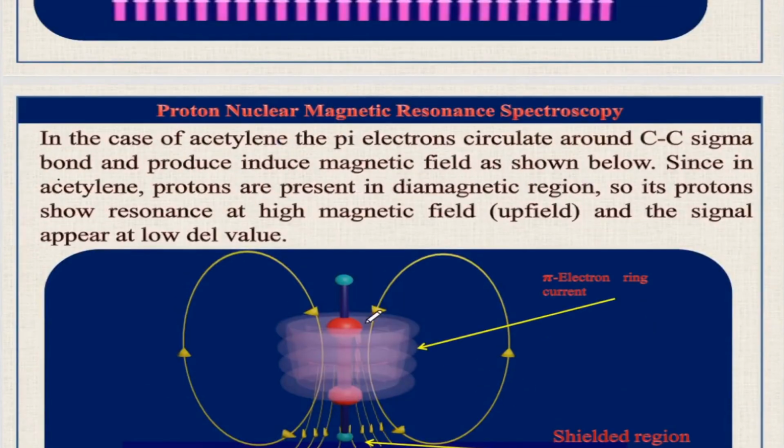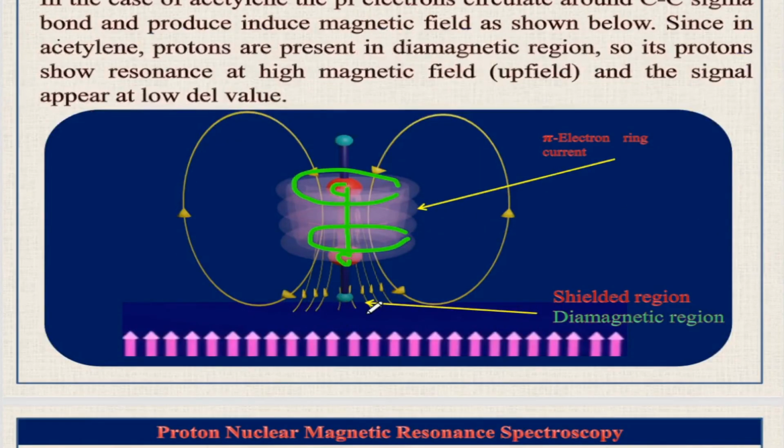But in the case of acetylene, the pi electrons revolve around the carbon-carbon sigma bond, so the magnetic field is generated in this way. In acetylene, the proton is present in the diamagnetic region, which is the shielded region.